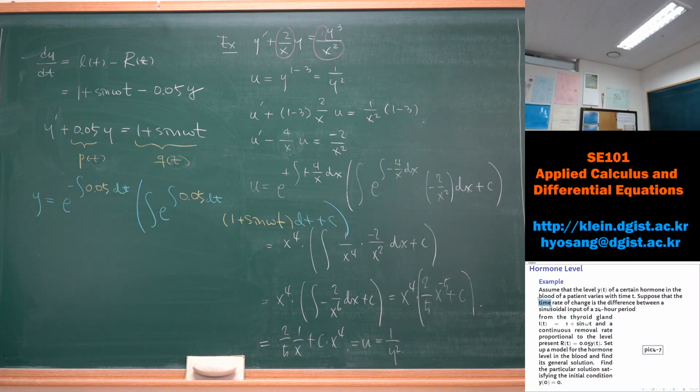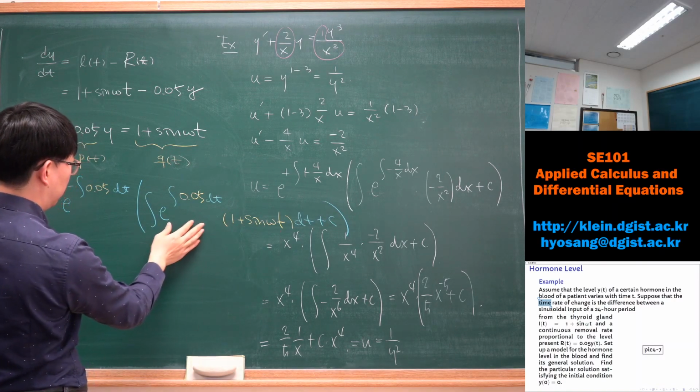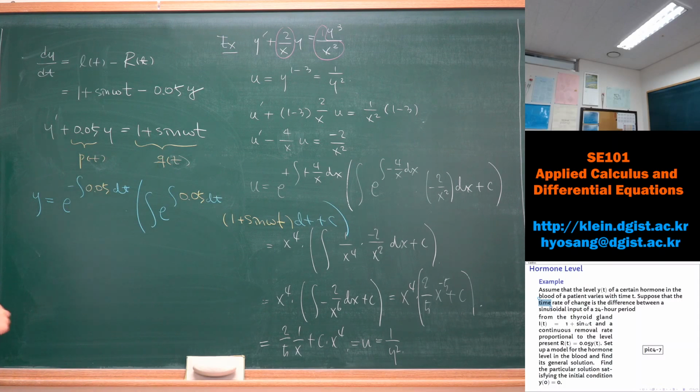So you can find your solution simply by integrating these indefinite integrals. It's not hard. The only tricky part is integrating sine omega t times this exponential.